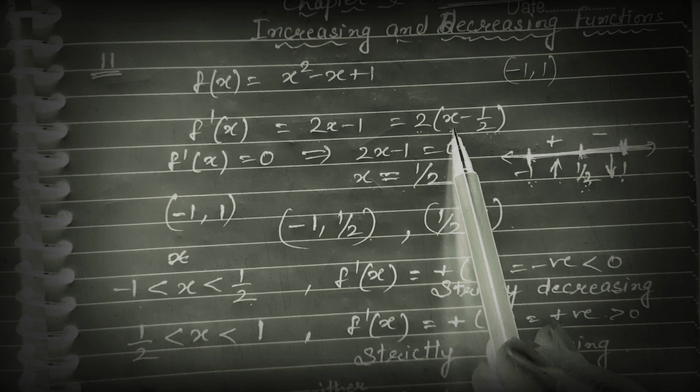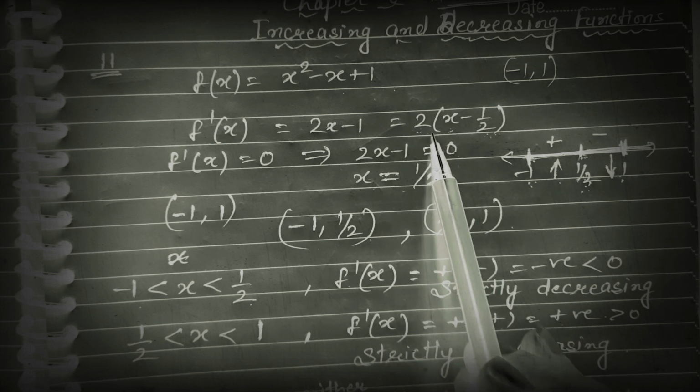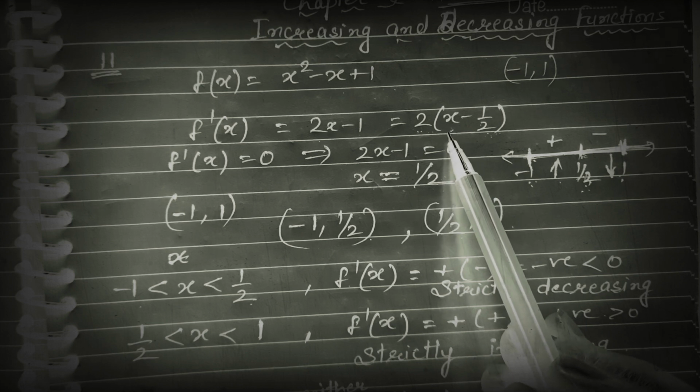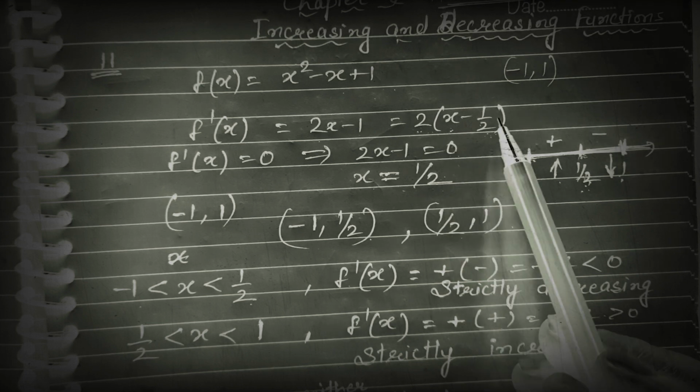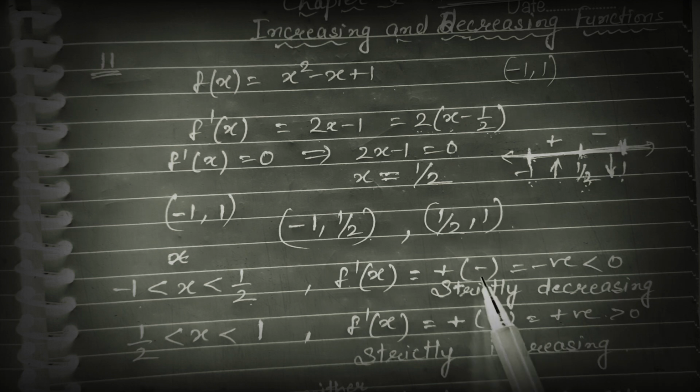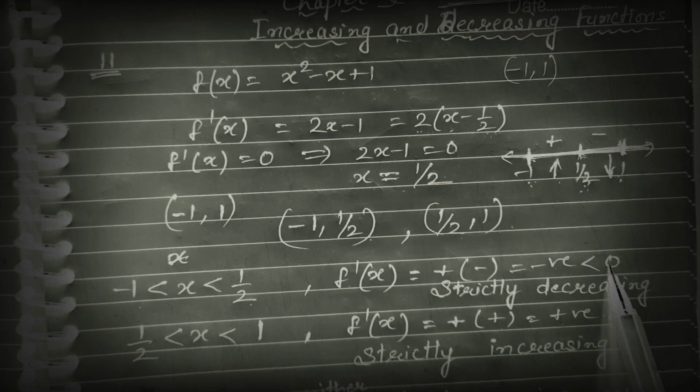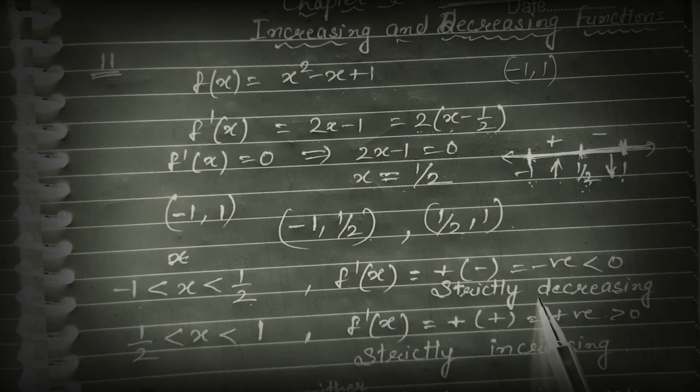Try to put it in factor form. So the outside is positive. If you put 0, it is 0 minus 1/2, negative. So positive into negative, negative. So it is less than 0. Less than 0 means strictly decreasing.